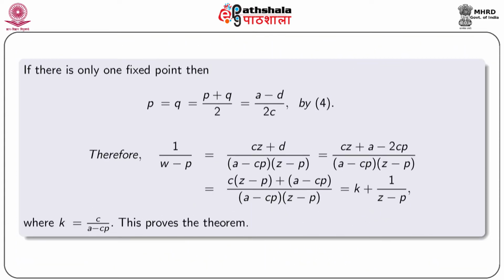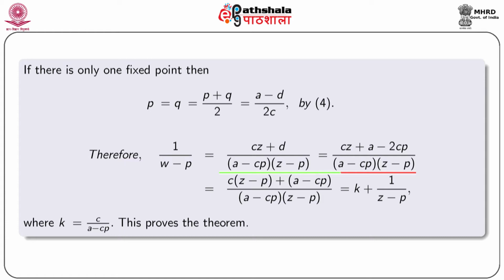So, if there is only one fixed point, then we have p = q, that is equal to (p + q)/2, and that is, by equation 4, (a − d)/2c. Therefore, 1/(w − p) = (cz + d)/((a − cp)(z − p)).